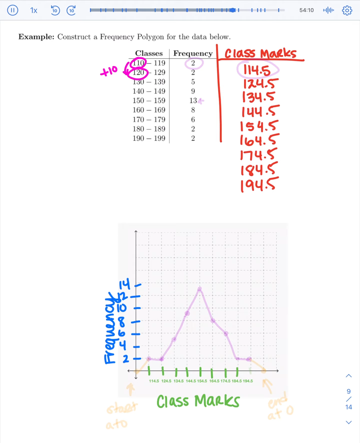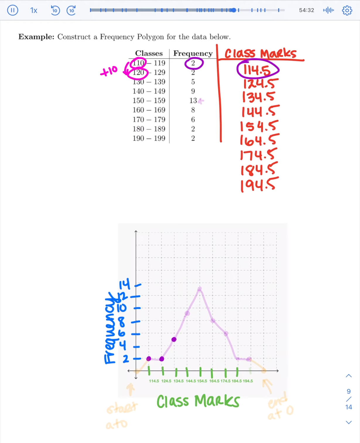So at the 114.5, the first class mark, we'll be doing a frequency of 2, but we're just going to put a point there. And for 124.5, we also had a frequency of 2, we'll put a point there. For 134.5, we had a frequency of 5, so we'll put a point at 5.